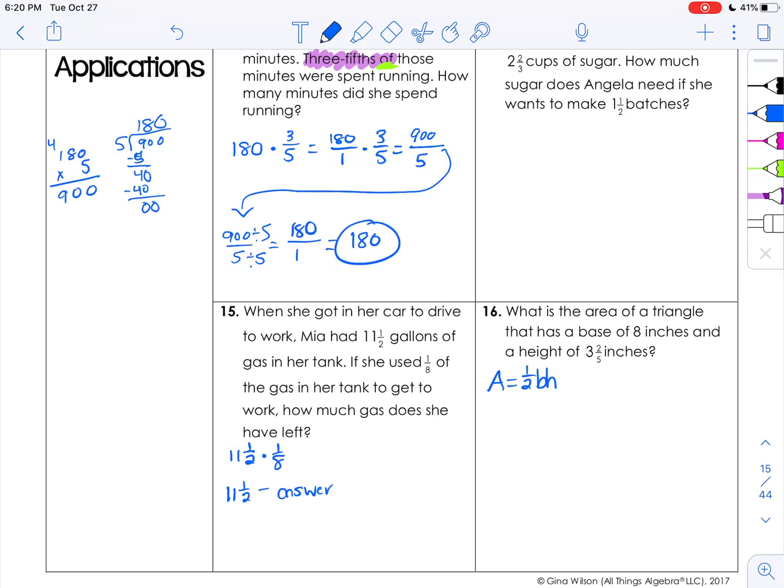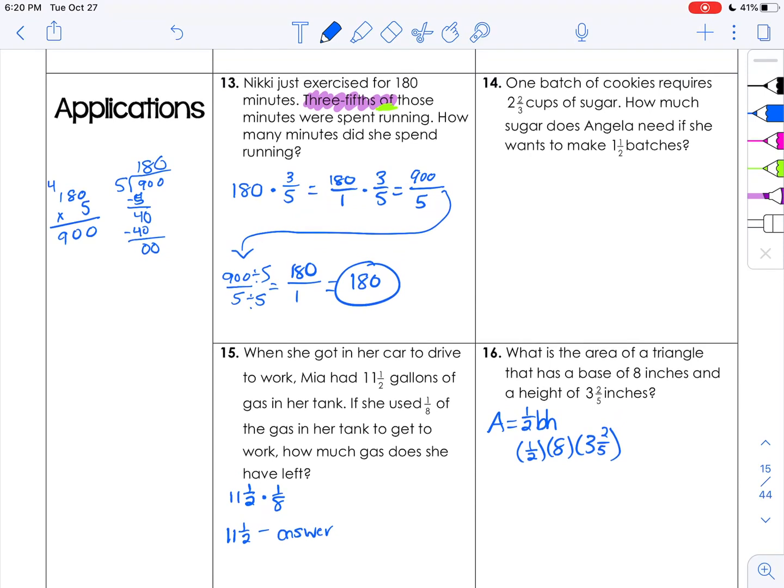So for this problem, you're going to multiply 1/2 times 8 times 3 2/5. Now when you're multiplying this, remember when we multiply, it doesn't matter the order we multiply in. So I would recommend multiplying the 8 times 1/2 and then that times 3 2/5.